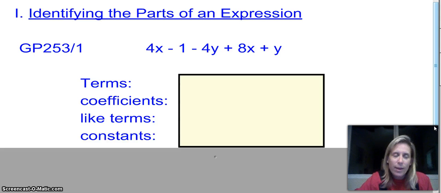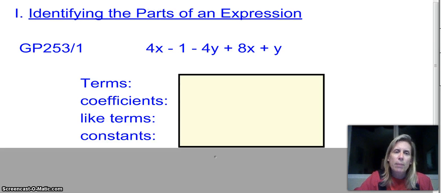Okay, welcome back. The terms, we can see that there are 1, 2, 3, 4, and 5 terms, okay? And so, again, when you see subtraction, don't forget that we're adding all of these together. So this is not really -1, this is really adding -1, right?